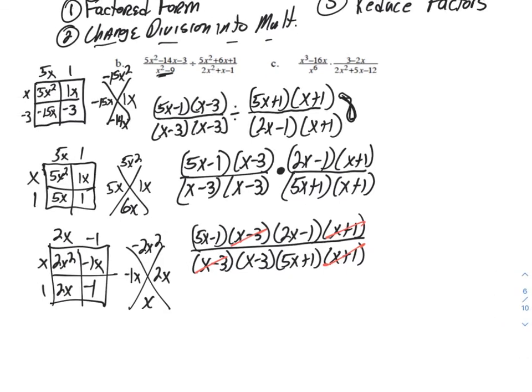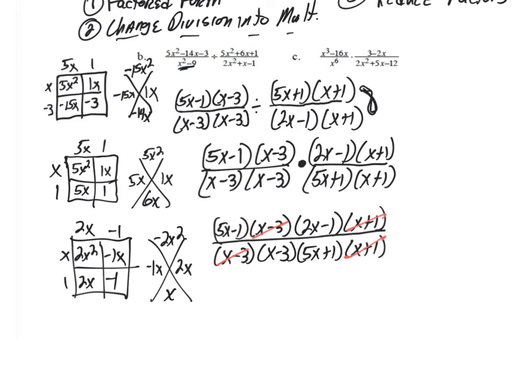So let me slide this over. This was 5x plus 1, and I wrote a minus 1 over there. I thought those were supposed to reduce. And so I'm going to change that throughout the problem. And now those also reduce.